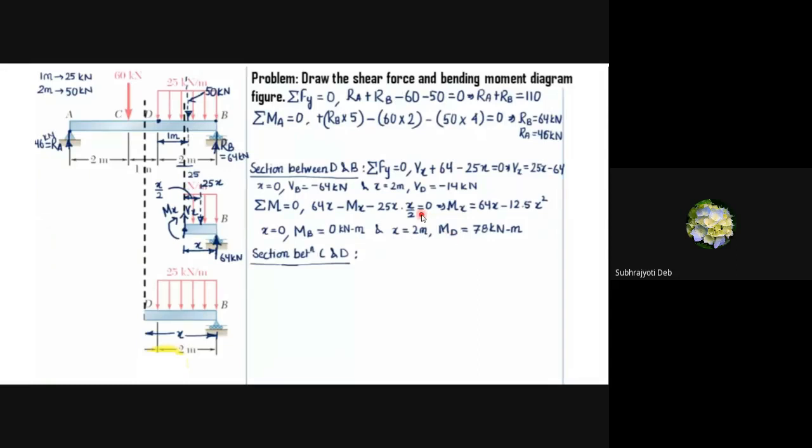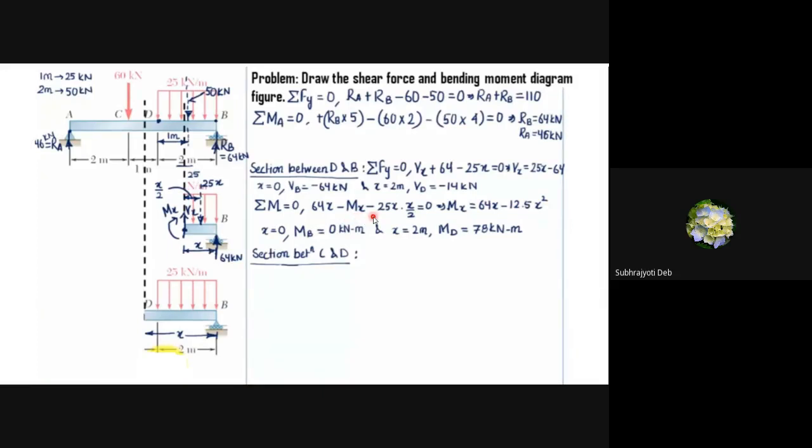Now what about moment? Summation of moment is also equal to 0. So 64 into x, that is this one, 64x minus Mx, that is clockwise, hence it is minus.